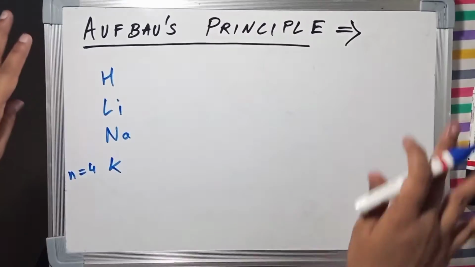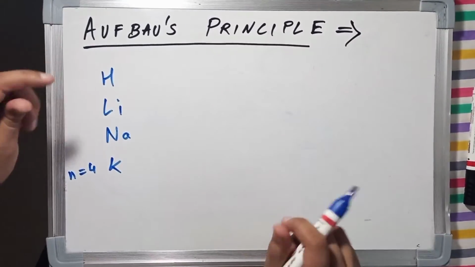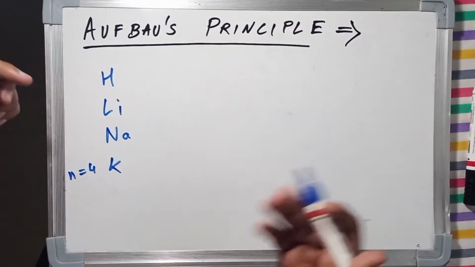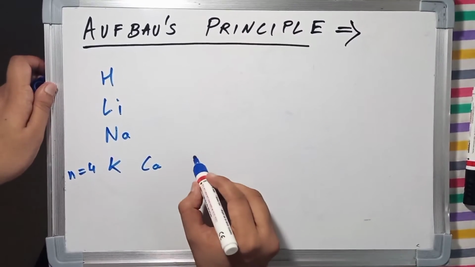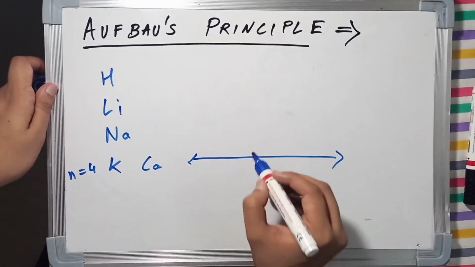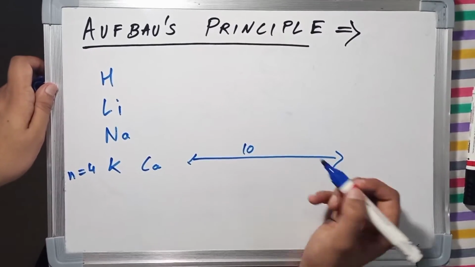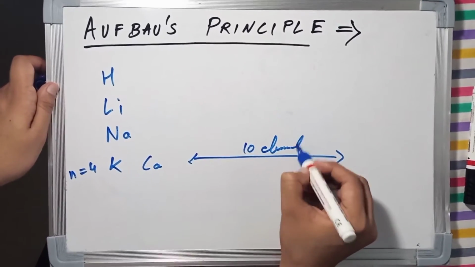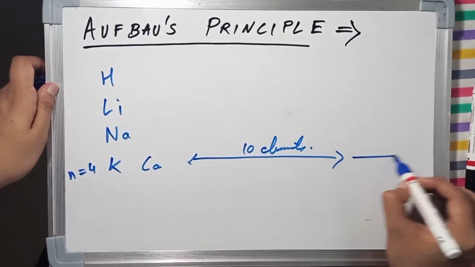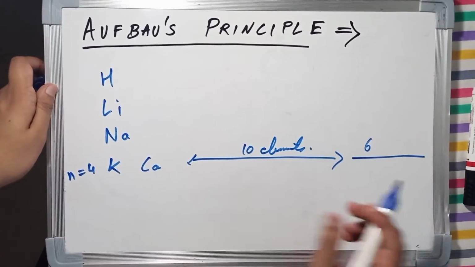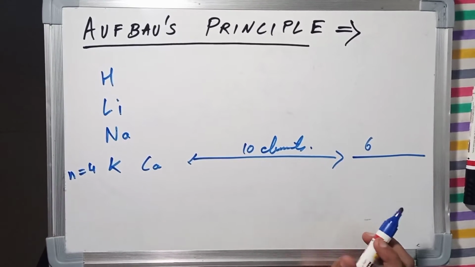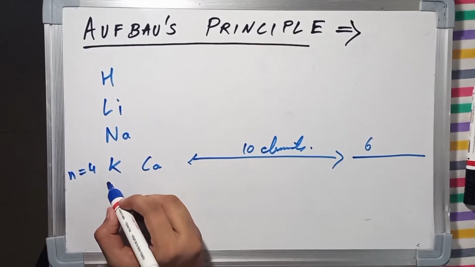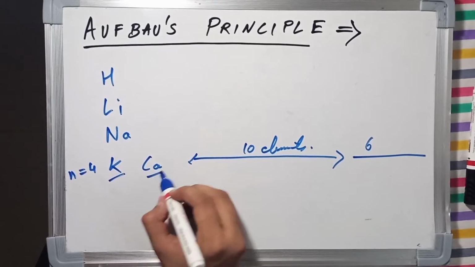I'm just drawing a rough diagram of the modern periodic table. We have calcium here, and we have 10 d block elements, and then we have 6 p block elements of the fourth period in the modern periodic table. Now what is the electronic configuration of potassium or calcium?